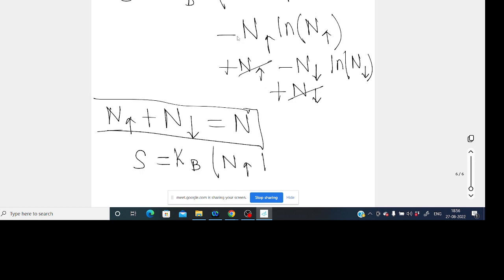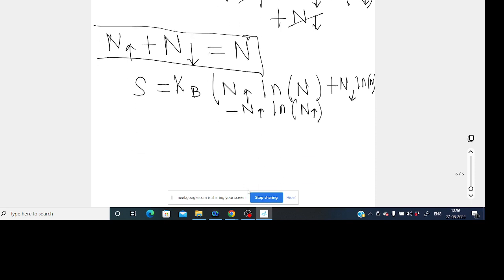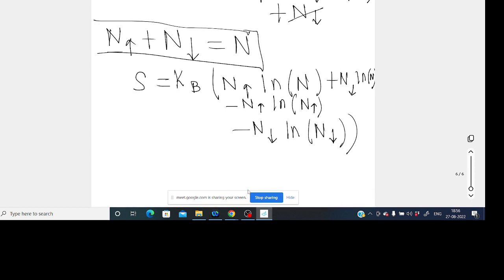So n up log n plus n down log n minus n up log n up minus n down log n down. Now let's take this outside.